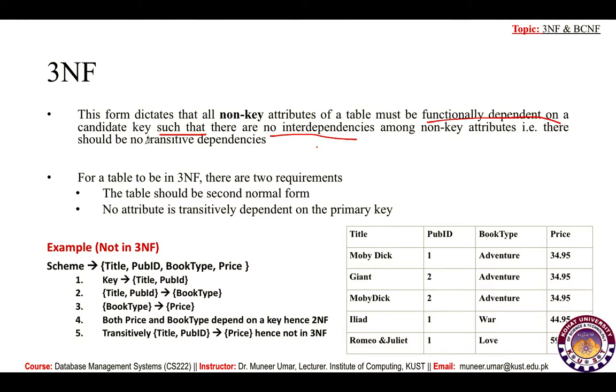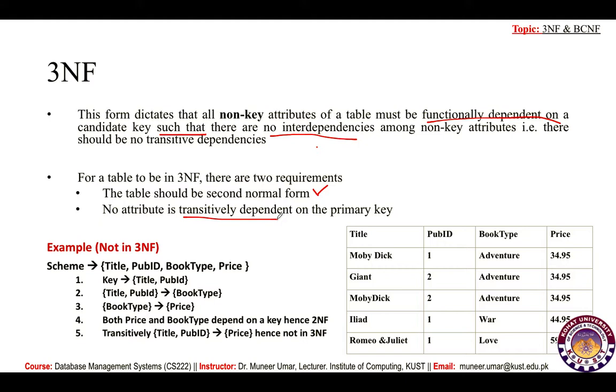For 3NF, we have two major requirements. The first thing is that it should be in 2NF, second normal form. The second thing is that there should not be any transitive dependency among the attributes.